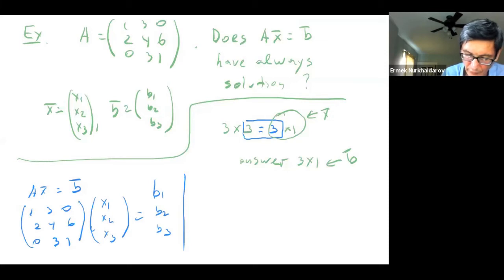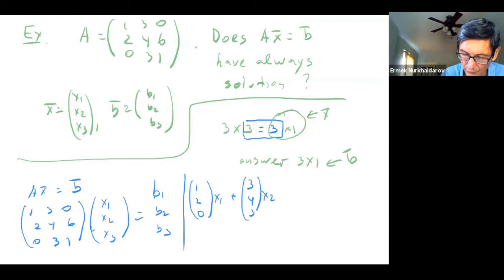So we're going to get 1, 2, 0 times x1 plus 3, 4, 3 times x2 plus 0, 6, 1 times x3 equals B1, B2, B3.